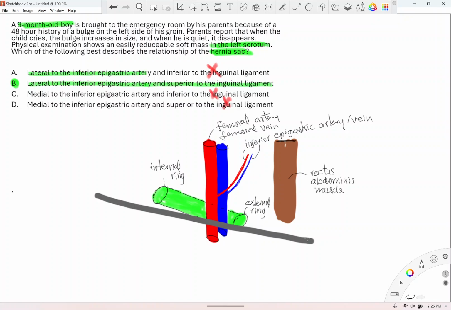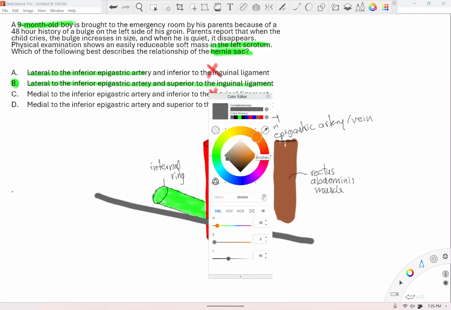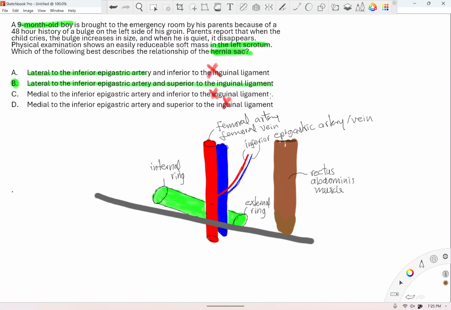So this is the inguinal ligament. Now I'm going to use something and then I'll delete it.